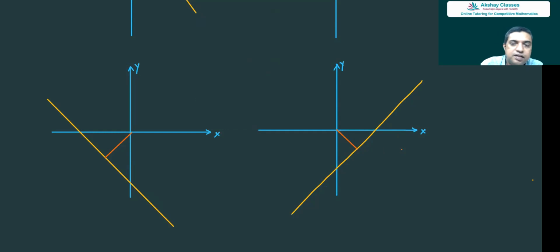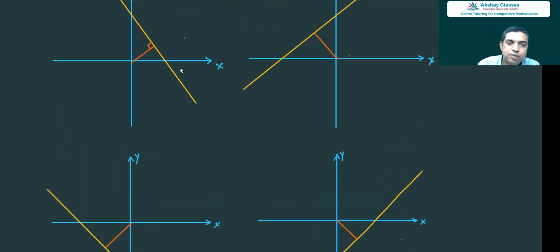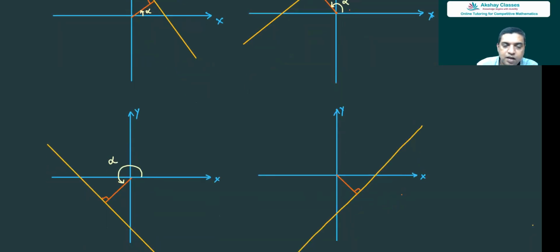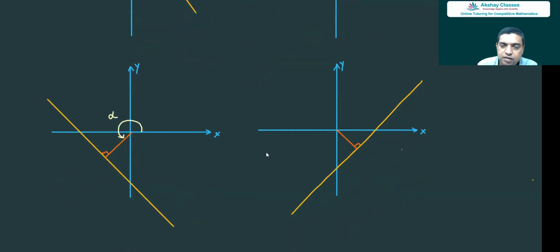So these are all four perpendiculars. But look at the angles that these perpendiculars make. Here, this is alpha. This is alpha. This is alpha. Okay, we are maintaining that clockwise sense.